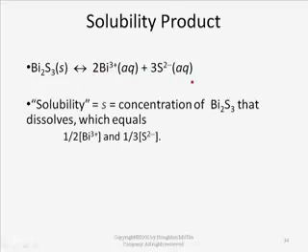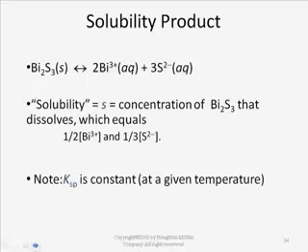So if I want to know how many moles of bismuth sulfide could dissolve in solution, it would be equal to half of the molarity of the bismuth ions that were in solution at that point, or a third of the molarity of the sulfide ions that were in solution.